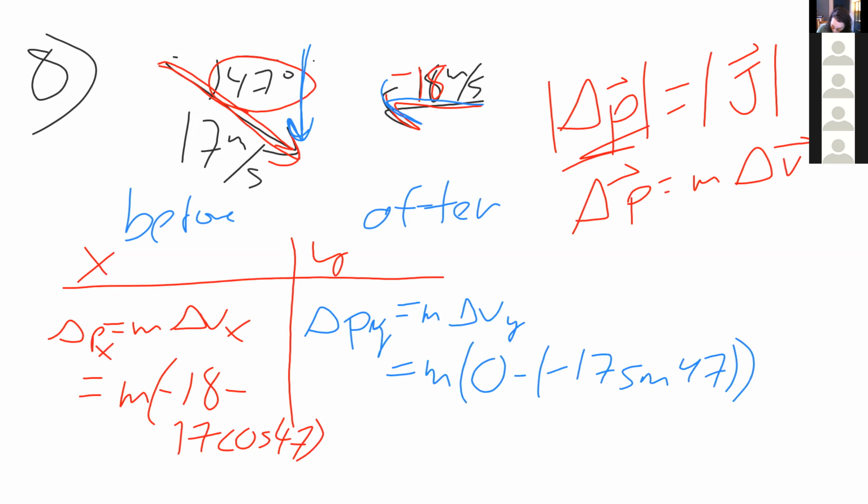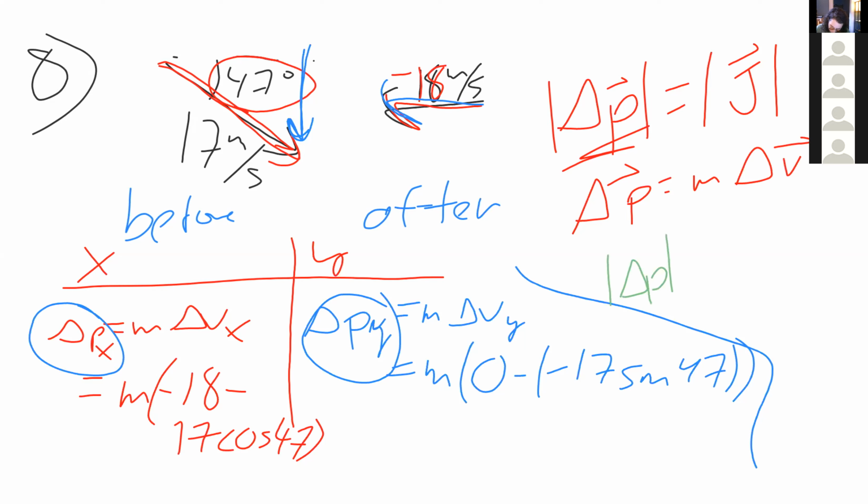Now I'll leave that up to you, but the one thing that I want to note is that our total magnitude for the change in momentum, since I'll have a change in momentum in the x and a change in momentum in the y, will be the square root of delta p sub x squared plus delta p sub y squared. Let me try that again.